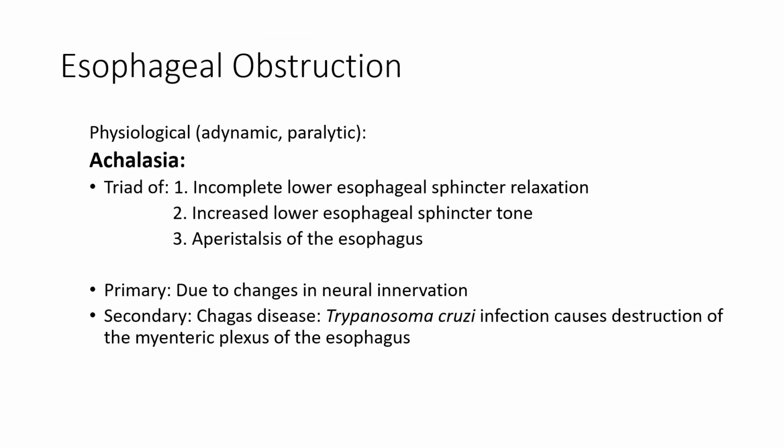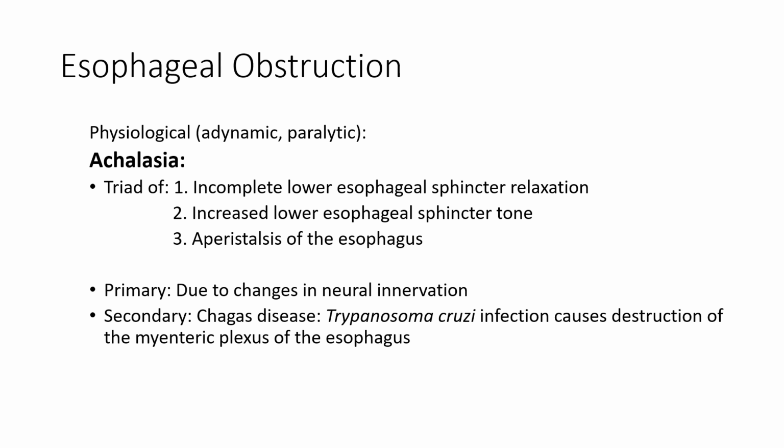Now we will discuss a physiologic cause of esophageal obstruction, and we will talk mainly about achalasia. Achalasia refers to failure of the smooth muscle fibers of the gastrointestinal tract to relax. So failure to relax. This is opposed to chalasia, which refers to relaxation of a body opening.